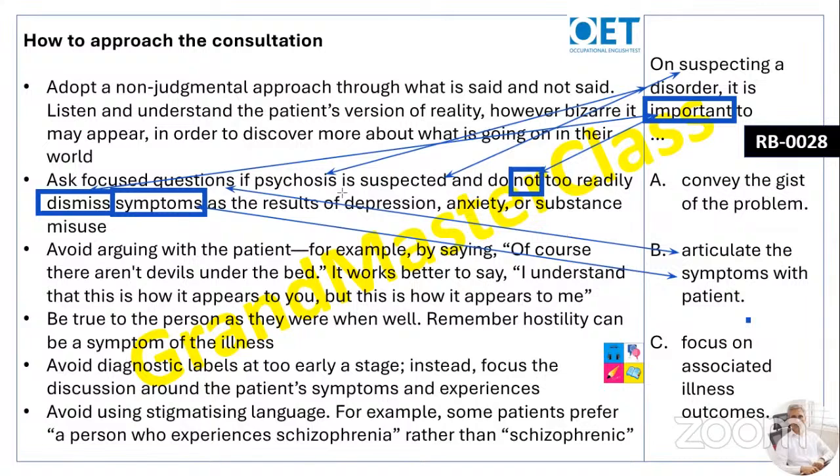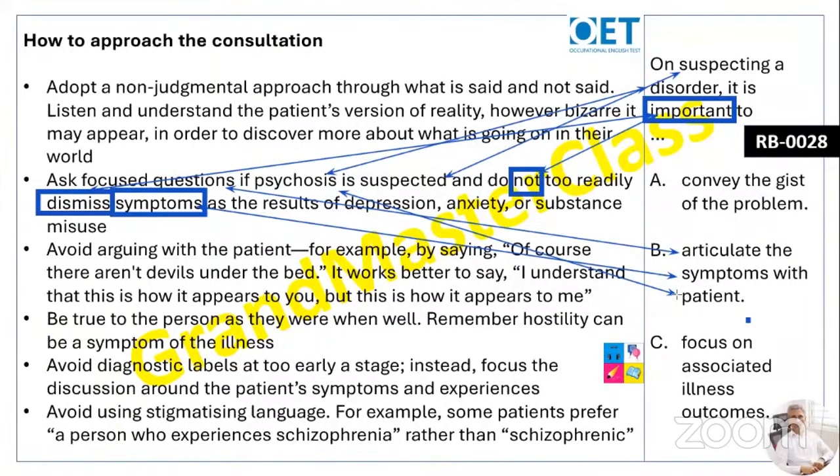That means the patient. Psychosis is psychiatry related. If a person has psychiatric problems, it's a mental disorder. So every word is there. Ask the patient who has psychosis, the mental disorder.